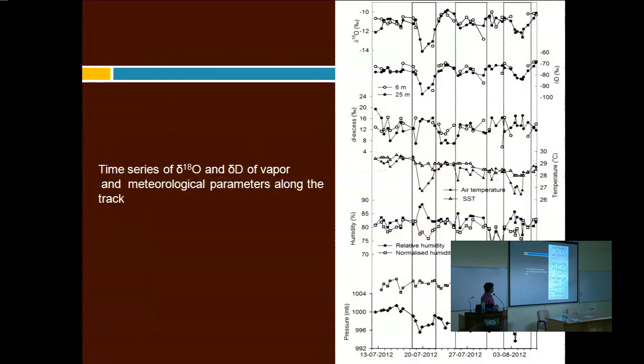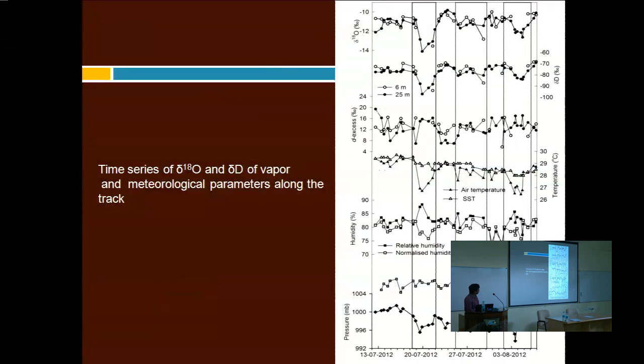Coming to the time series of water vapor. The first two panels show the time series of delta 18 and delta D, and this is the dxs. Other meteorological parameters are also plotted here, and this shaded region corresponds to the rain spell during the cruise.